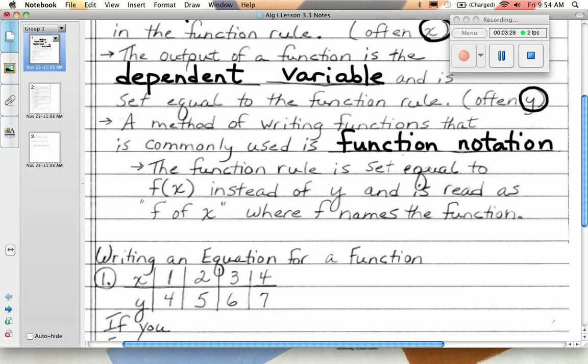So what you get for f of x is dependent upon what you put in the function rule for the independent variable x. F of x and y are interchangeable. They both represent, in the end, the output, the dependent variable.